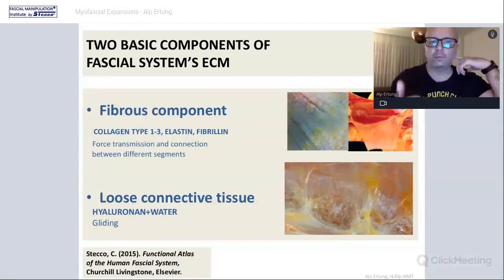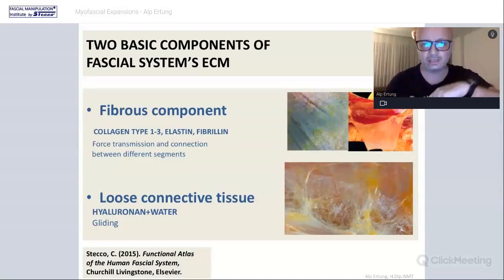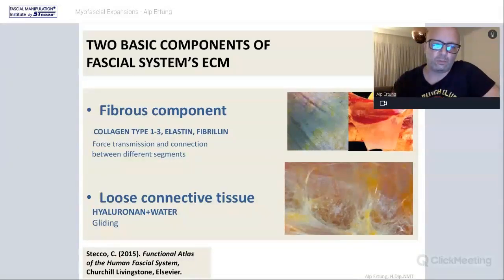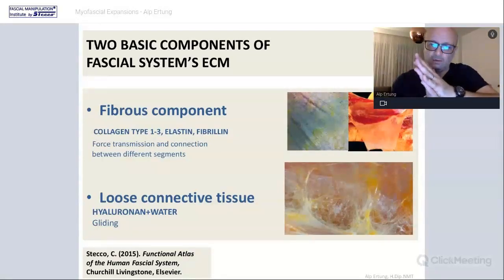And also we have a second component, loose connective tissue. The chief component of the loose connective tissue is hyaluronan among all other glycosaminoglycans, and water. And it's exactly for optimal gliding, okay?